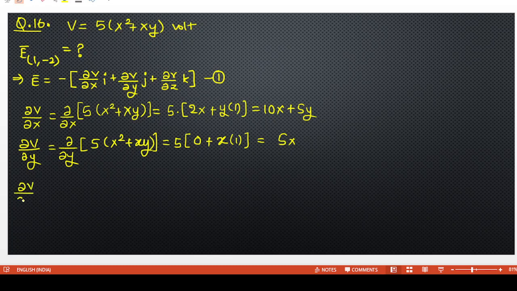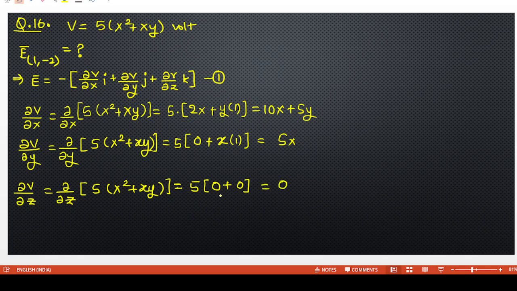And partial derivative with respect to z, dou by dou z of 5 in the bracket x square plus xy. 5 outside derivative, x square derivative with respect to z is 0, xy derivative with respect to z is also 0.